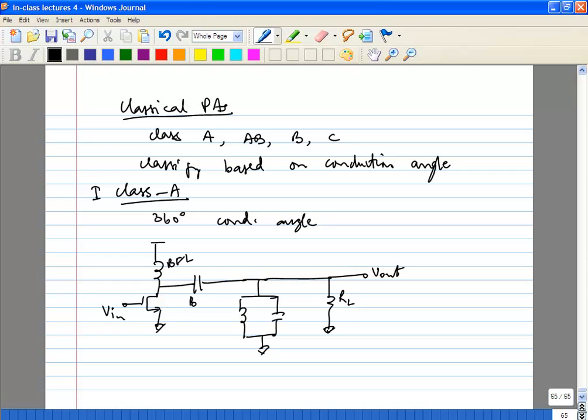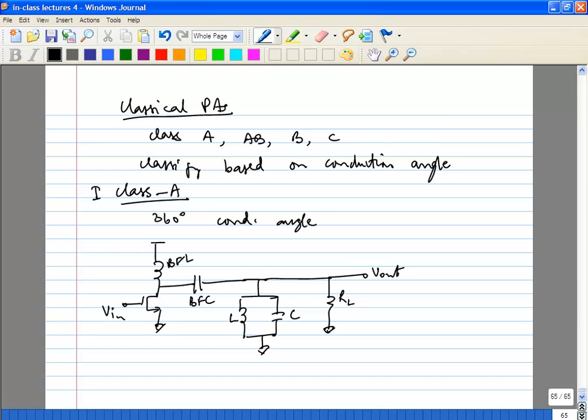This is a standard topology for all of these, class A, AB, B, C. The conduction angle, so let's say it's running at a particular frequency. It will have a certain time period. Out of the time period, the transistor itself can be on for the full time period or can be on only for part of the time period. So you can classify it based on the amount of time the transistor stays on.